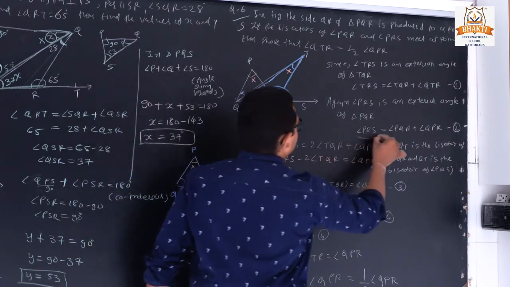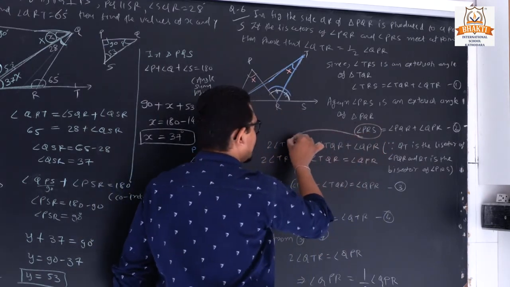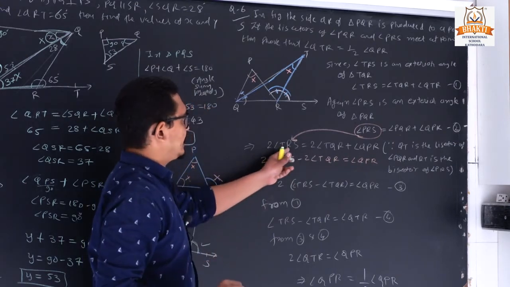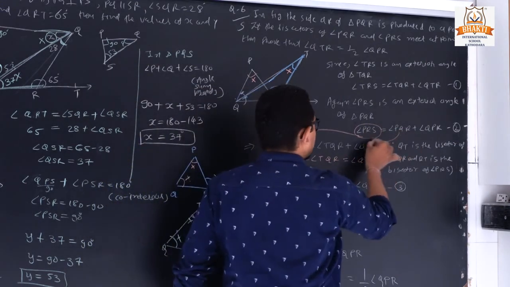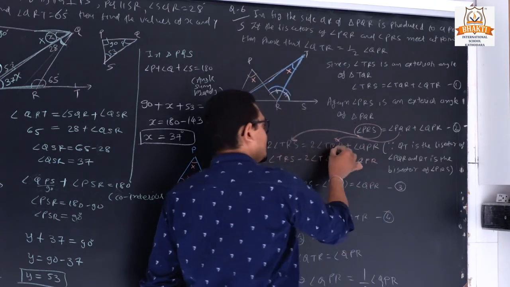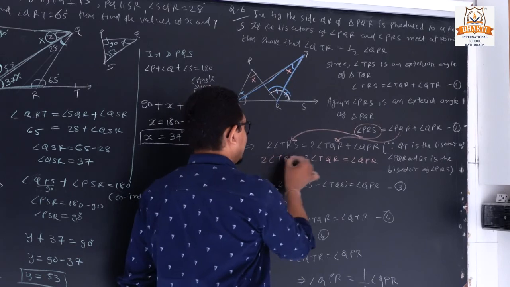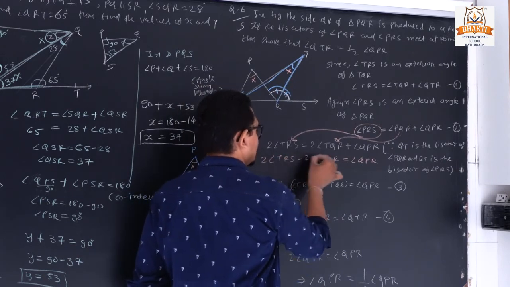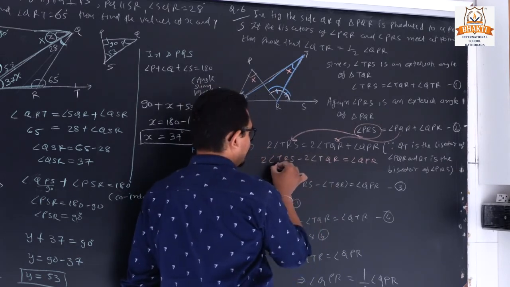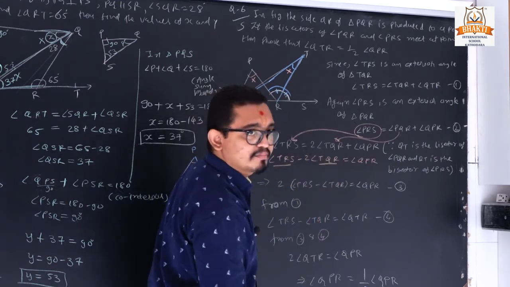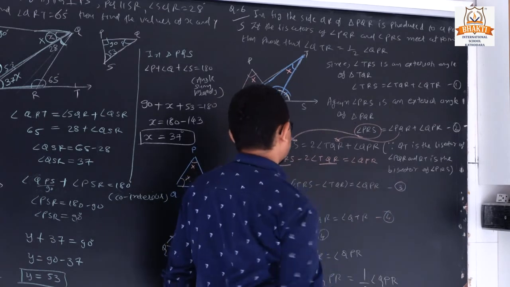And here PRS is replaced with 2 TRS because it divides PRS into two equal angles, and PQR is equal to 2 into TQR. Here it is a bisector line. Now we can take 2 as our common term, so in the bracket we have TRS minus TQR. We can declare it is result number 3.